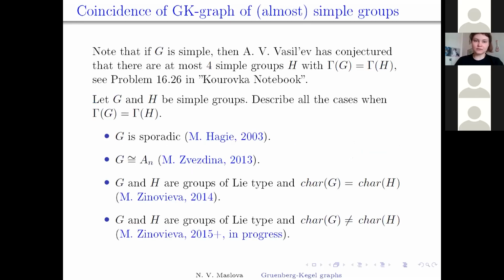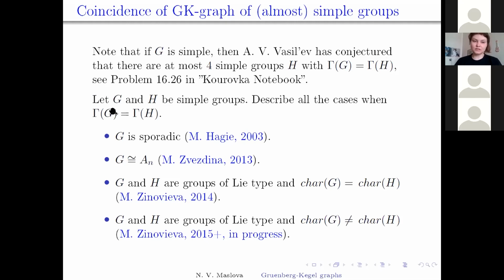Note that for the case when the group is simple, this is a problem established by Andrei Vasilyev in the Kourovka Notebook, and there is a conjecture that this constant k for simple groups is at most 4. And this problem is actively being investigated.